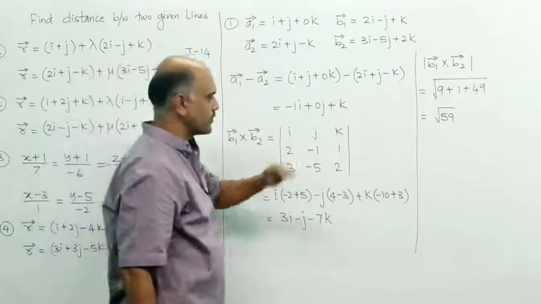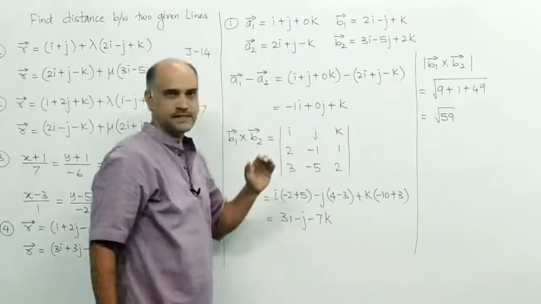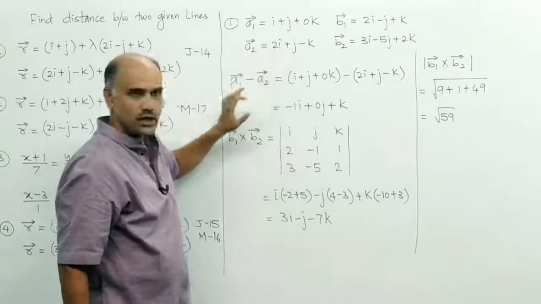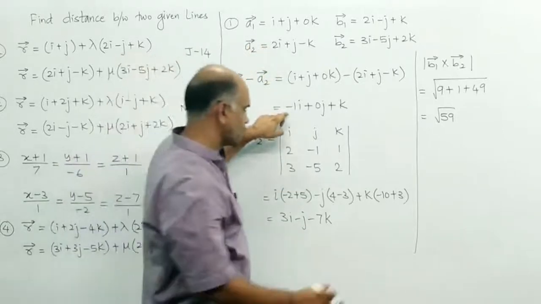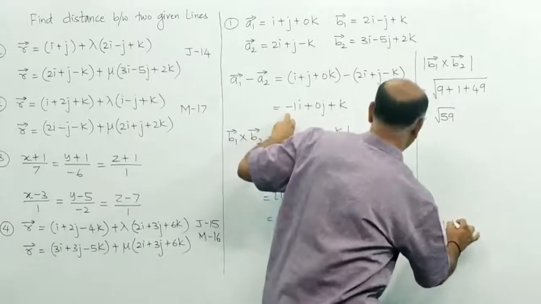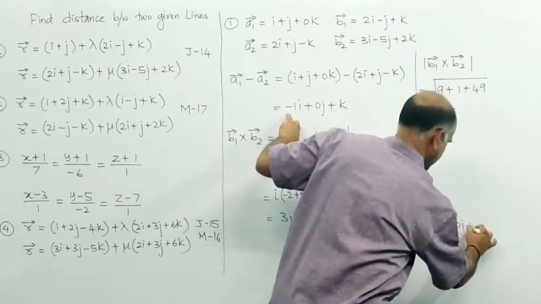So write the formula for shortest distance and substitute. I will be writing the formula over here. Just this vector I will note down over here: minus i plus 0j plus k.